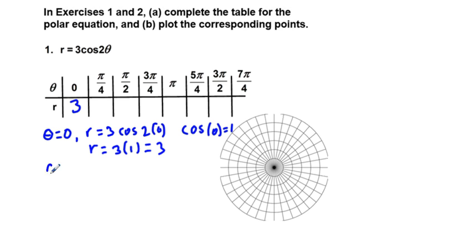And now for theta equals pi over 4, we have r is equal to 3 cosine 2 times pi over 4.